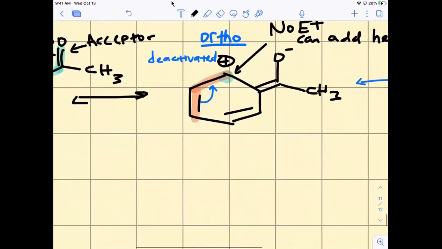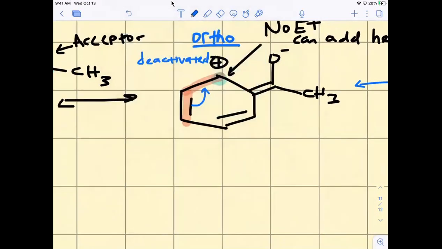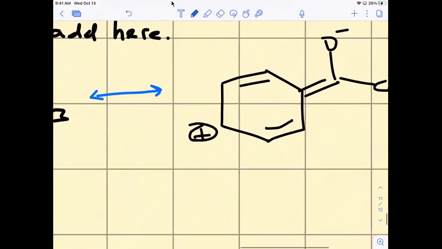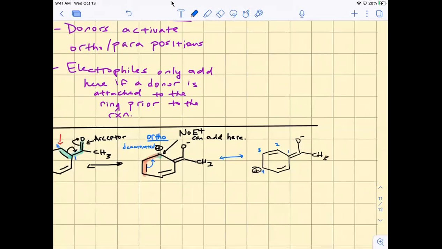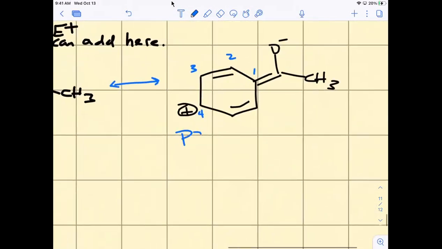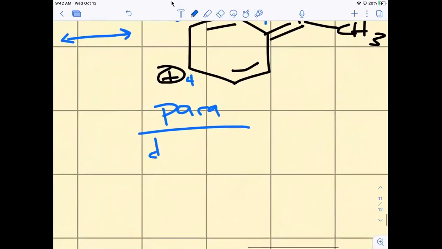Let's number it again: 1, 2, 3, 4. What site is that compared to where the carbonyl is attached? Para. Good. So this is para. And since it's positive, can I add an electrophile to that site? No. So the para position is also deactivated.